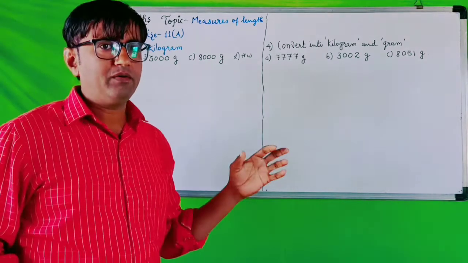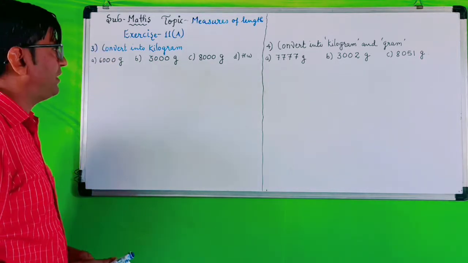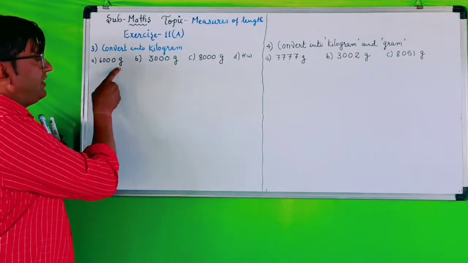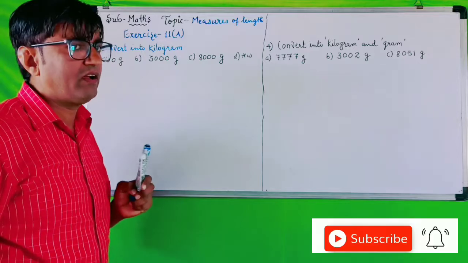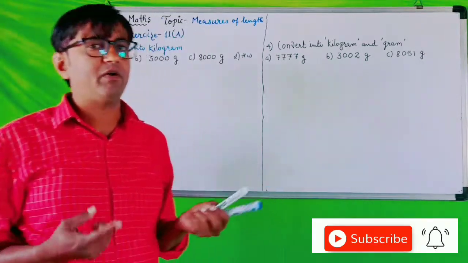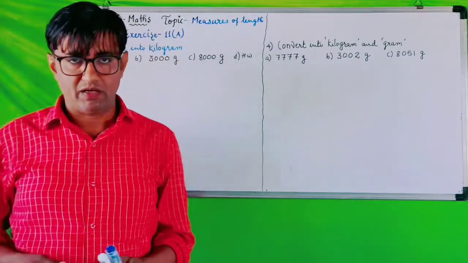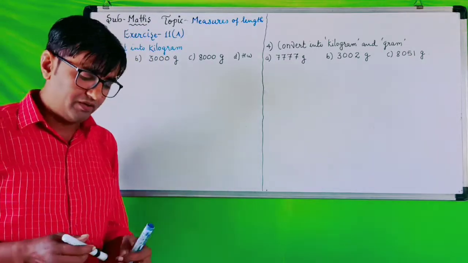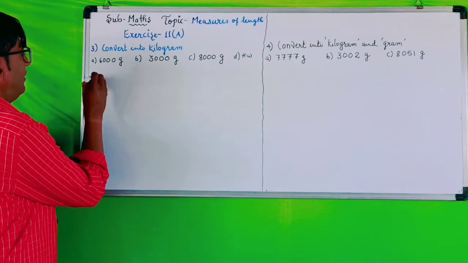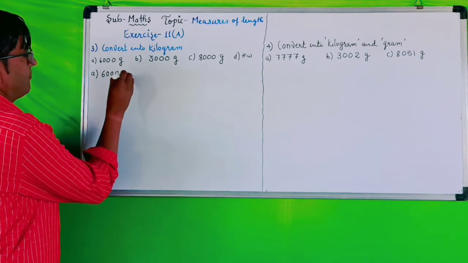So children, now question number 3. Convert into kilogram. See here gram is given. So what I have explained you: gram into kilogram. Whenever we have to convert gram into kilogram, we have to divide by 1000. Okay, do you remember? So first of all, the first question we will solve is 6000 gram.